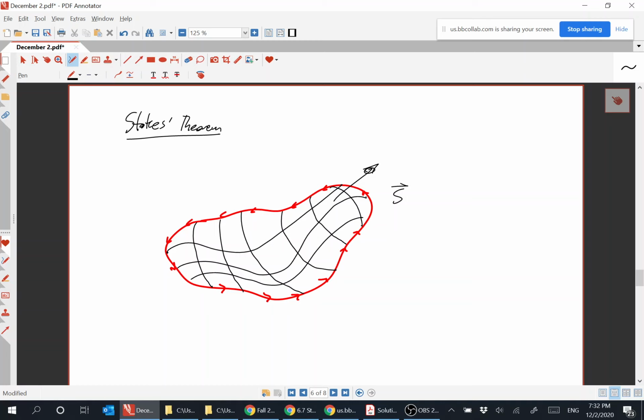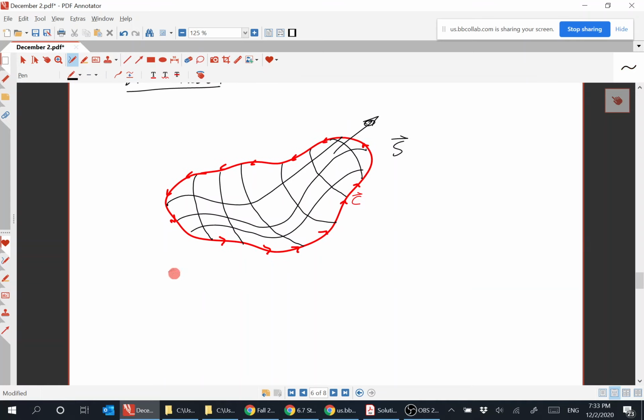In other words, slide your right hand along C with your fingers pointing in the direction that C is moving, and then your thumb should point you from side 1 to side 2. All right, so in this picture, the arrow S would be going this way as opposed to going that way. So side 1 is the back, and side 2 is the side that's facing us.